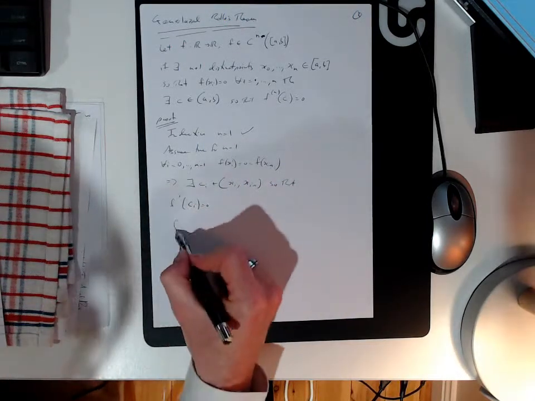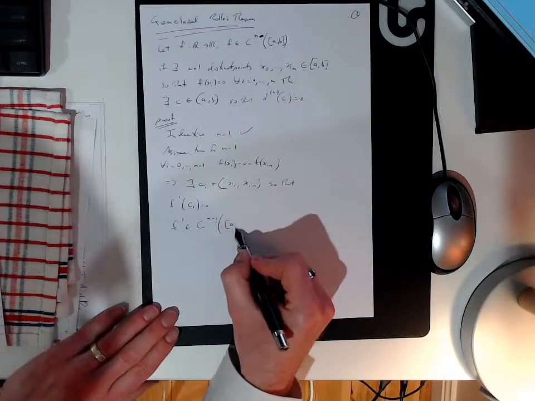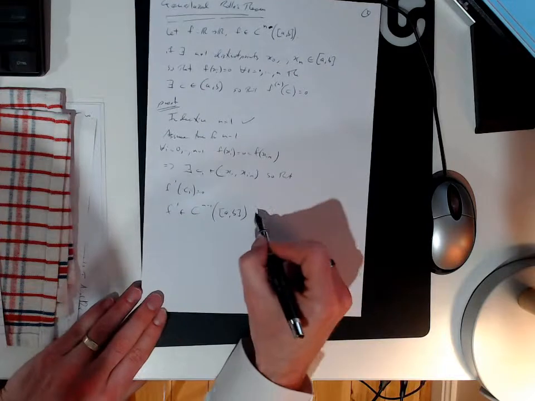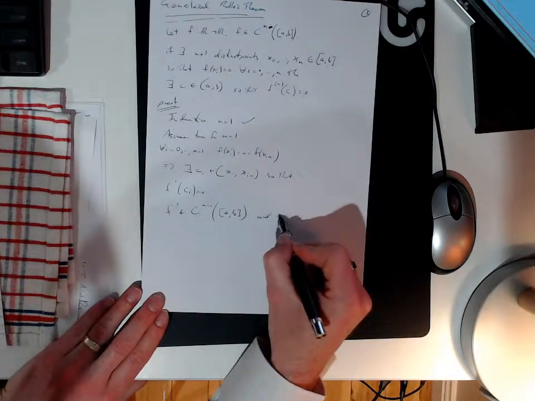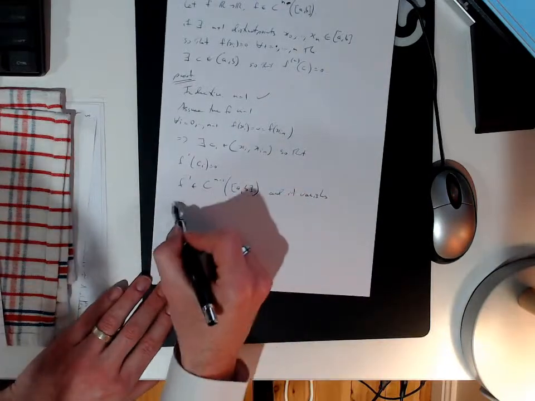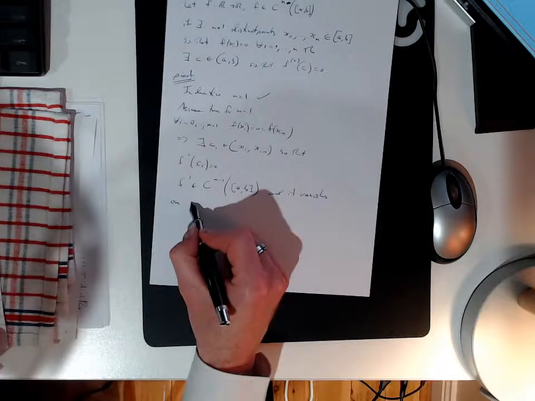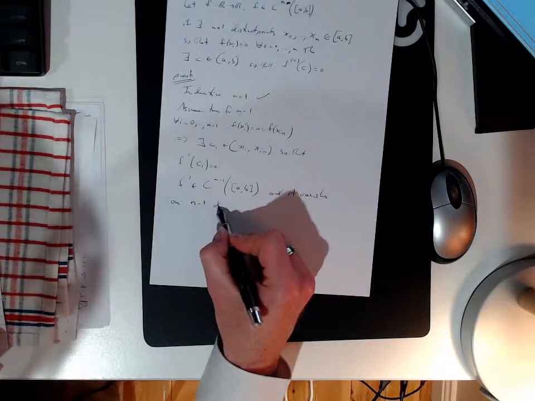Now f' is an element of C^(n-1) inside our open interval, and it vanishes on n distinct points.